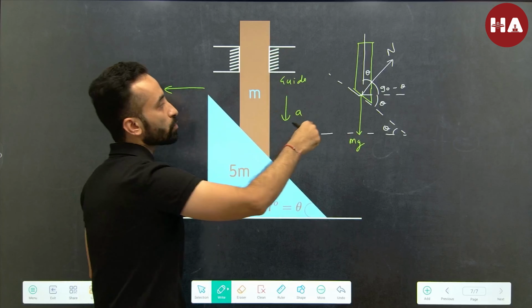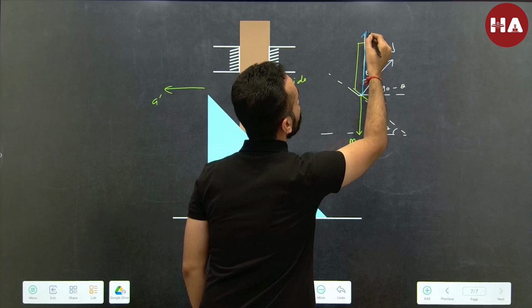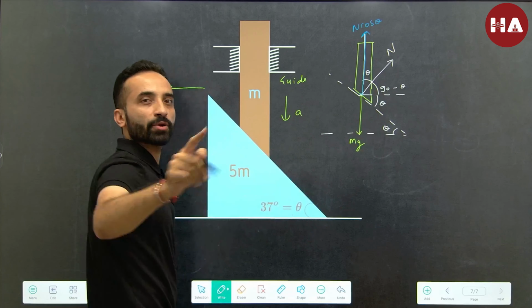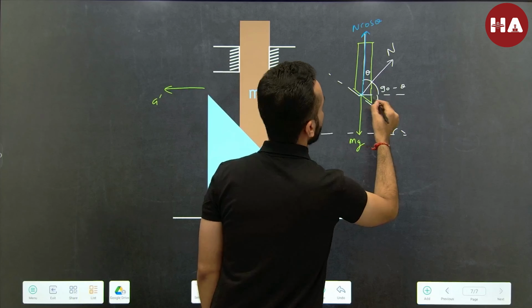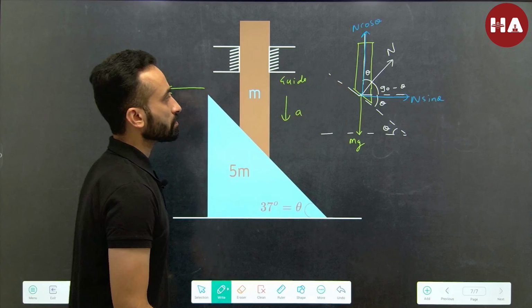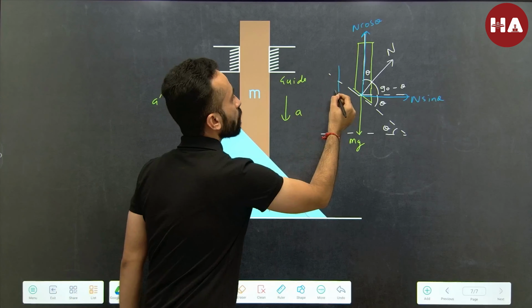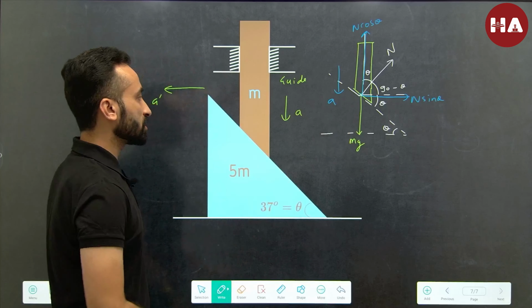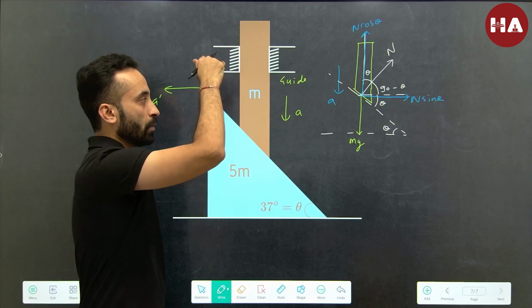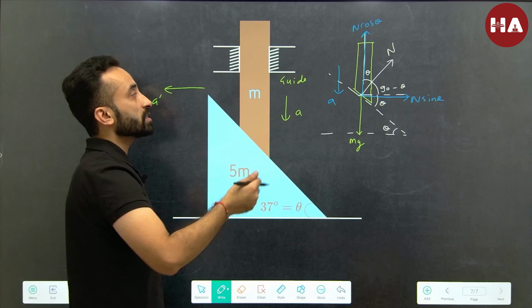It is moving in the downward direction, so I will resolve the components of N. Along theta it is going to be N cos theta, and perpendicular to that it is going to be N sin theta. Which direction is this block moving? Downward with acceleration a. So I'm first writing the equation in the y direction. Why not in the x direction?